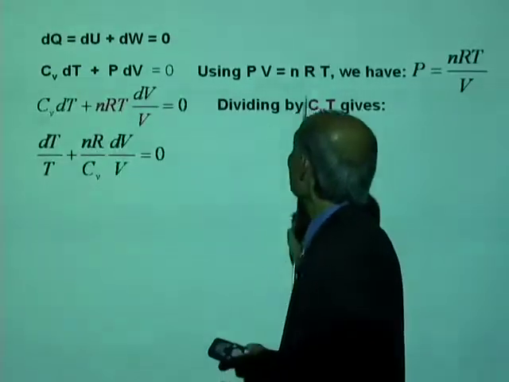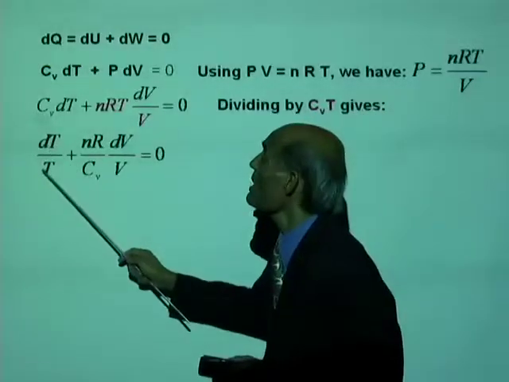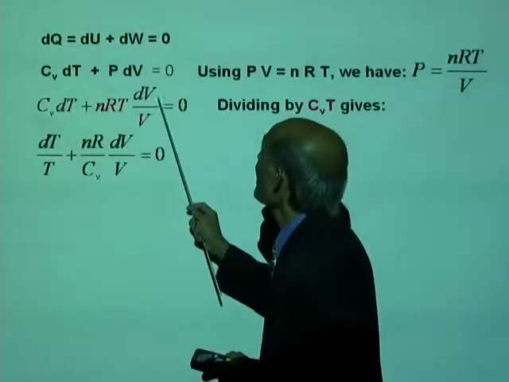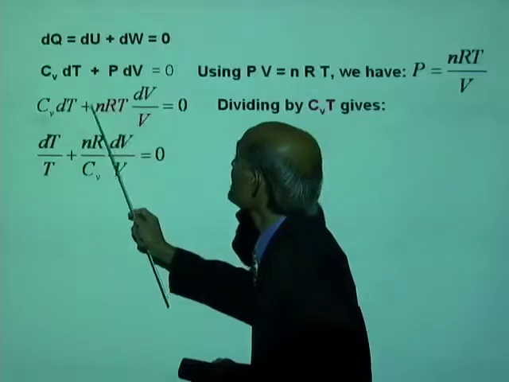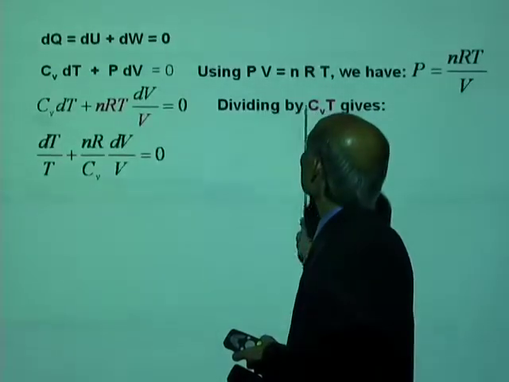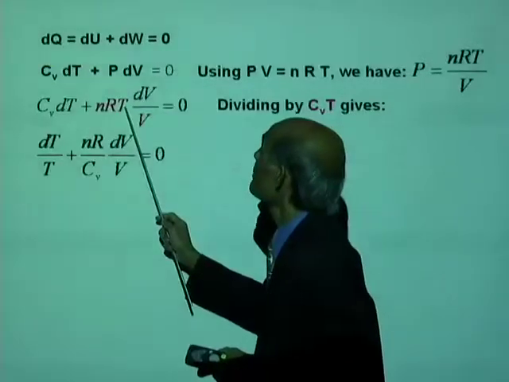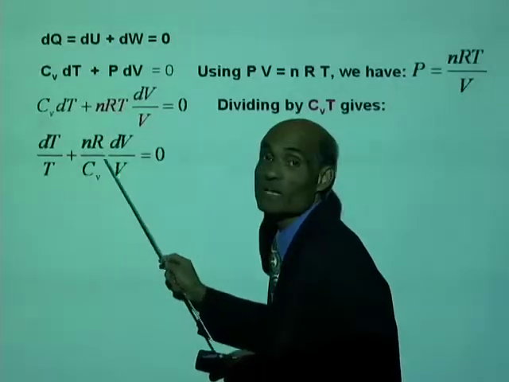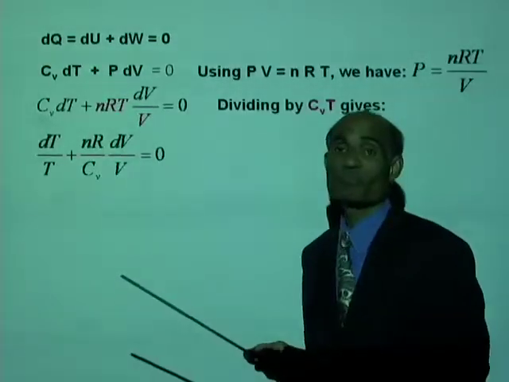Cv dt divided by CvT is dT over T. What do you get if you divide nRT? Alright, let's take this one. nRT is divided by CvT. The T and the T will cancel. We get nR divided by Cv times dV over V equal to 0.